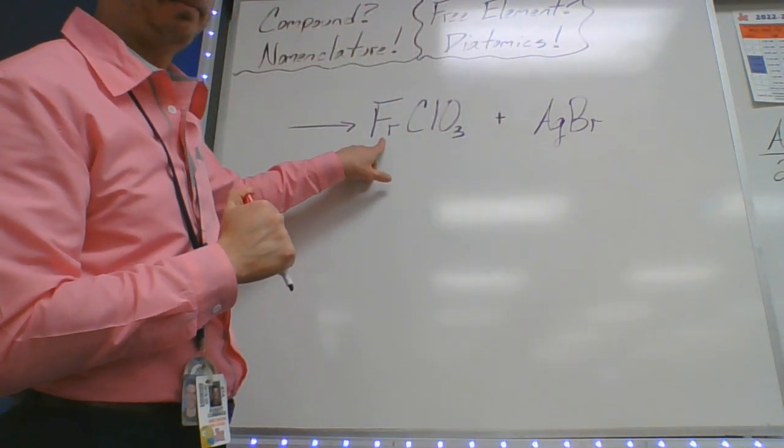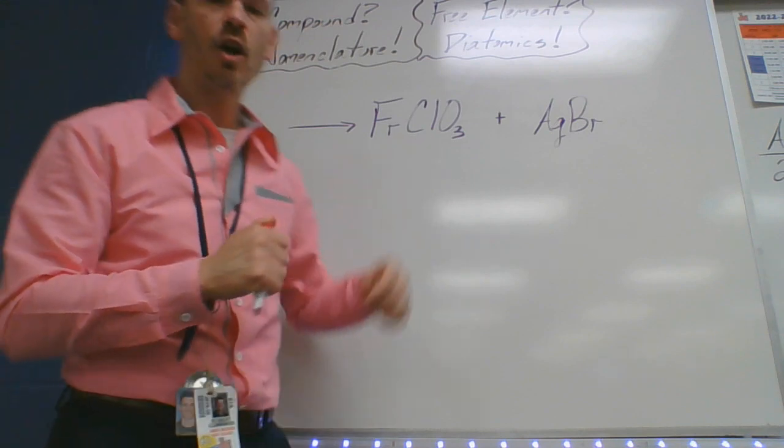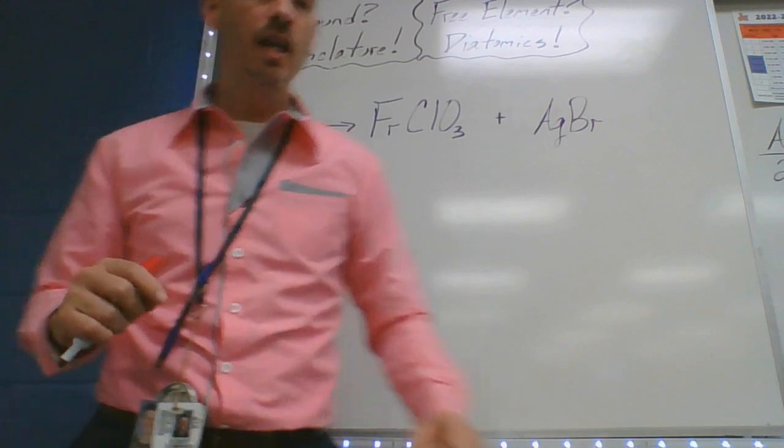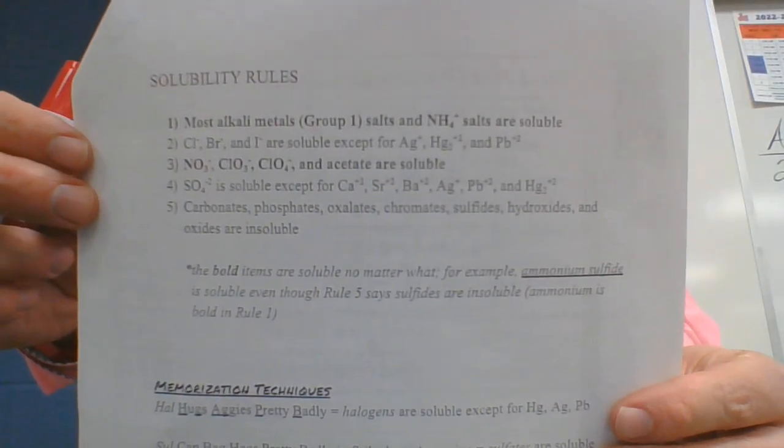Both francium and chlorate are parts of Big Daddy. Francium is in rule number 1, chlorate is in rule number 3, and they both agree that the compound is 100% soluble.